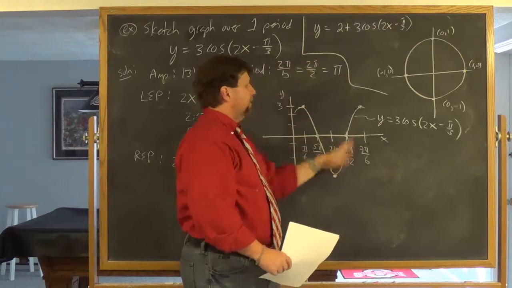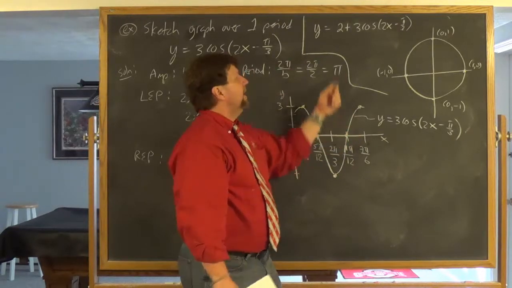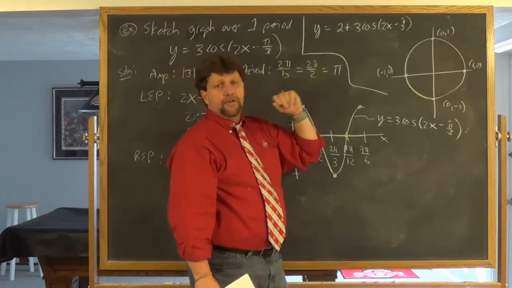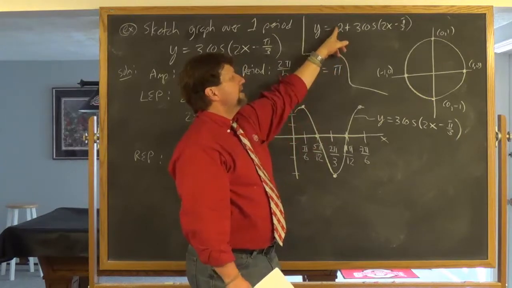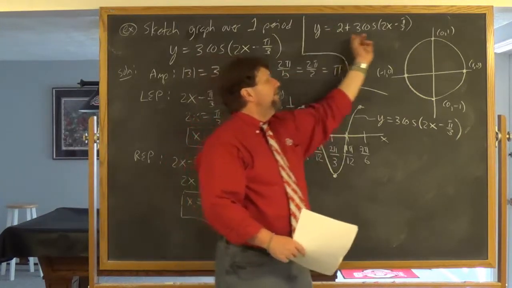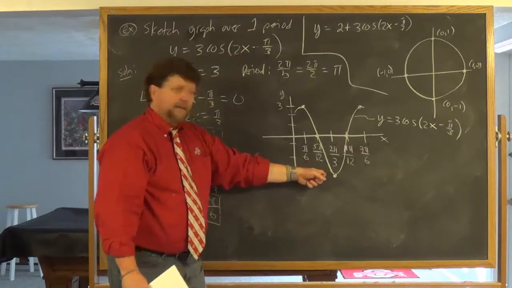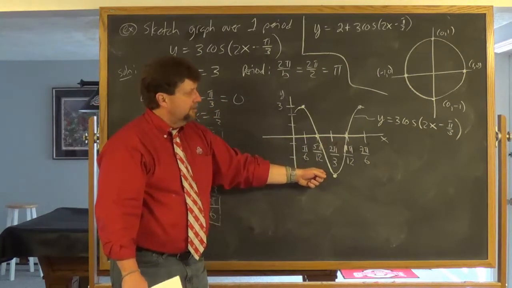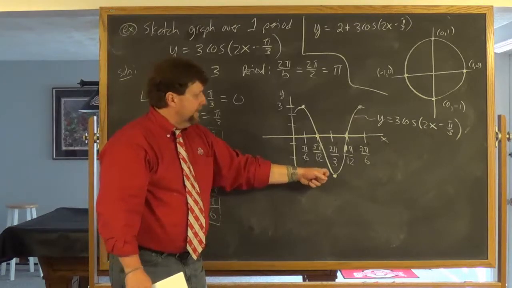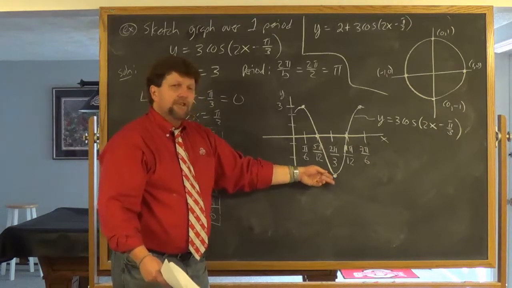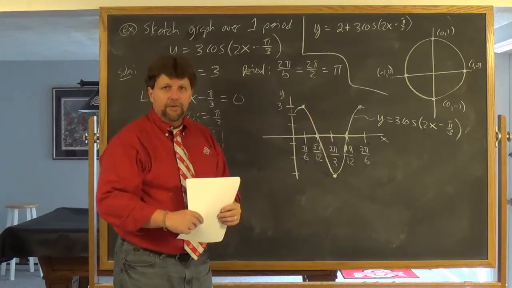Then I'll take that graph, it's the graph I have here, and I'll apply this vertical shift to it. Since that's a positive 2, the graph of this is nothing more than the graph that we have here for 3 cosine of 2x minus pi over 3, taking this graph and shifting it up 2 units.